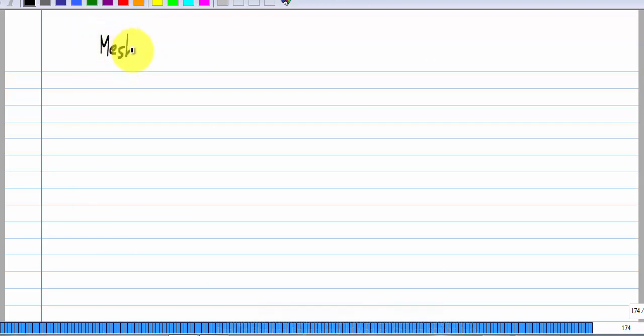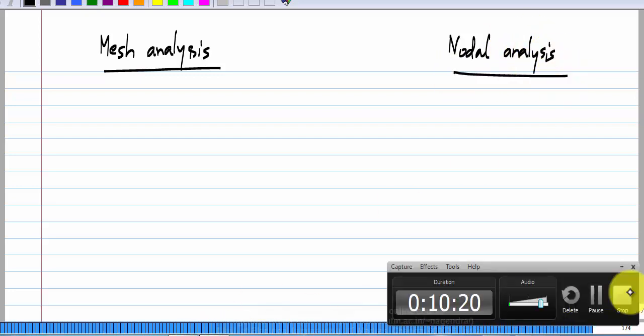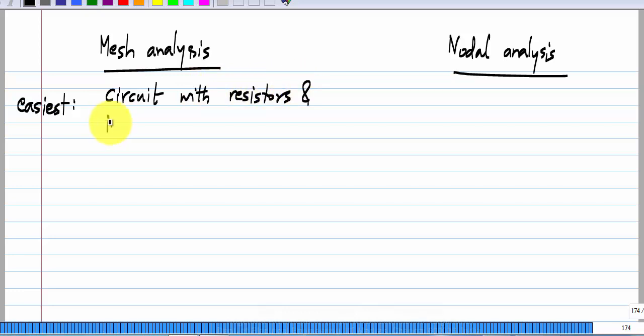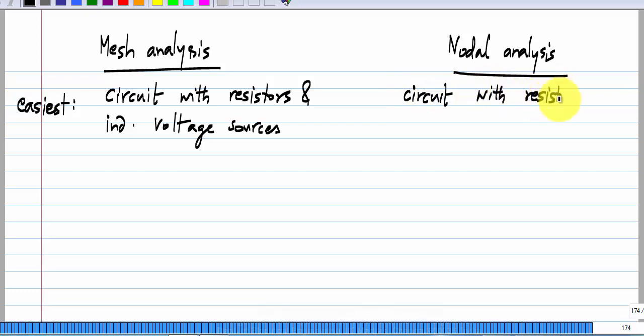So if you compare the two, mesh analysis is easiest when you have a circuit with resistors and independent voltage sources, and for nodal analysis it is for circuits with resistors and independent current sources.